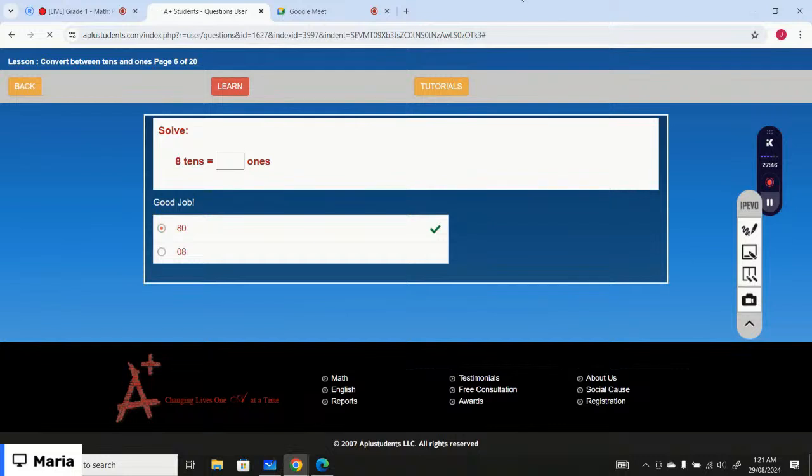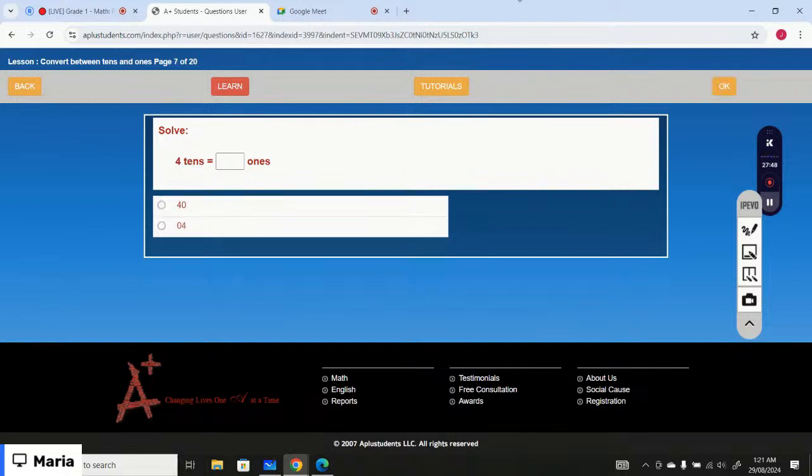Okay, the next one is 4 tens equal how many ones?